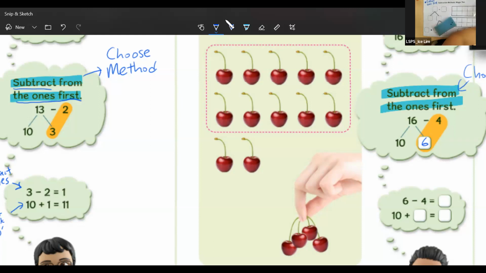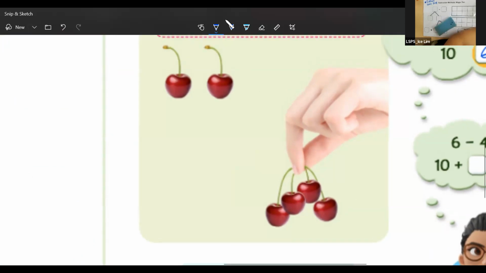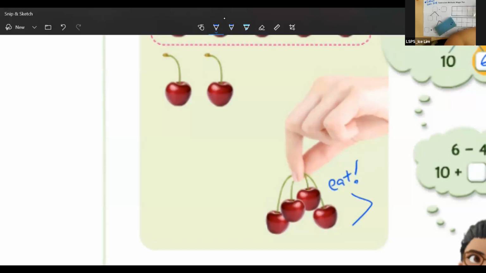So from the 6 little ones here, Xingyi takes the 4 cherries and eats them. No more. Yum yum.